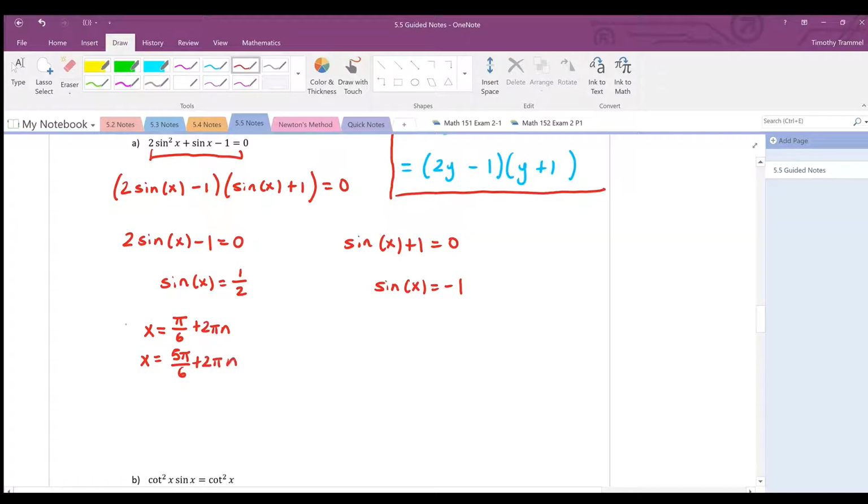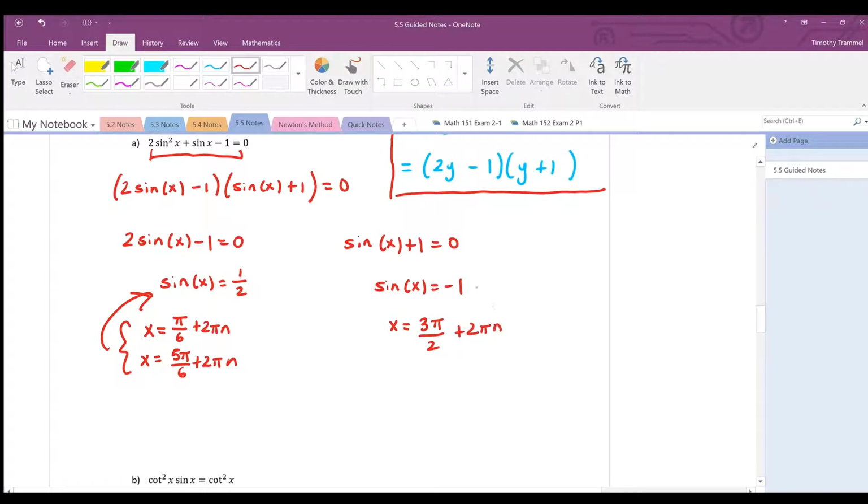So these are all of the things that satisfy this equation here. And if we think about when sine of x equals -1, that's going to be at the bottom of the unit circle. So that's 3 pi over 2 plus 2 pi n.